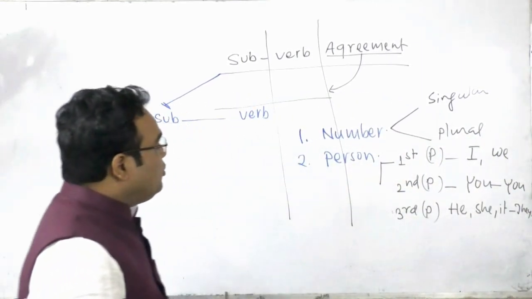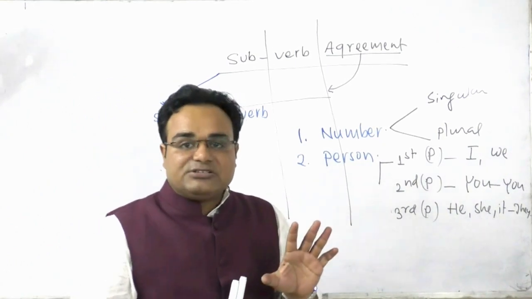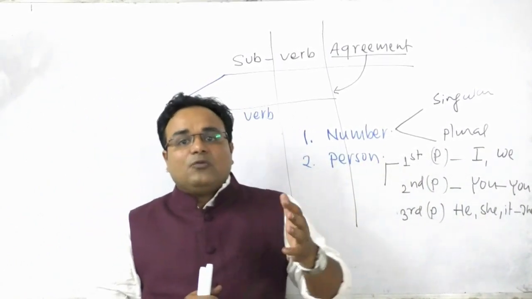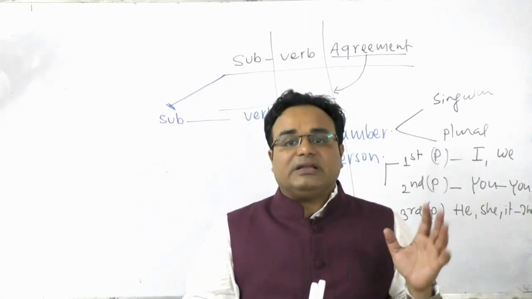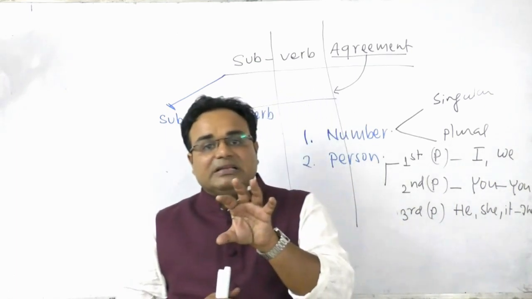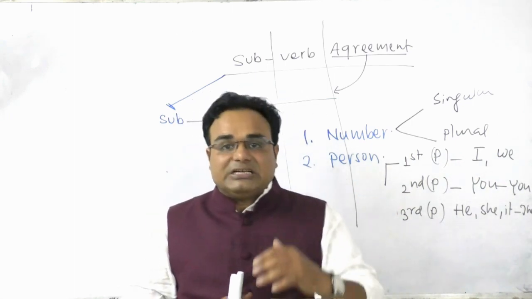Alright. Now they say that there has to be an agreement. When we talk about agreement, friends, we make agreements with our friends, with our buddies, or even with our peer groups. Right or wrong? So when we make an agreement, there are certain conditions that we put on each other.